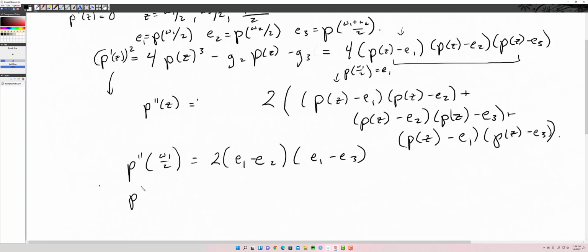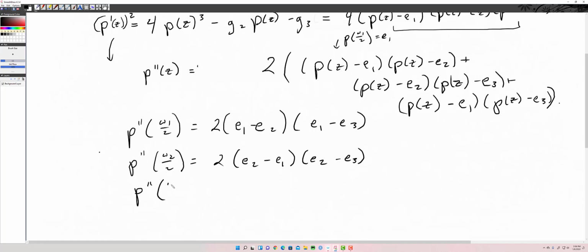Similarly, when I plug in omega 2, this one's going to go to 0. This one's going to go to 0. And this is going to be the only one that survives. E2 minus E1, E2 minus E3. Finally, scoot down a little bit.